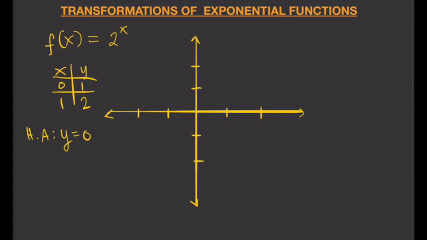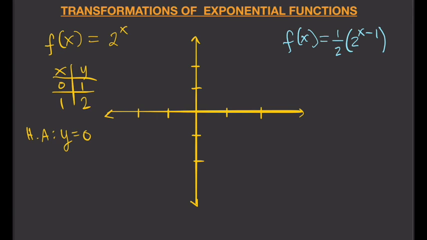Okay, now let's take a look at a transformation of this function. f of x equals 1/2 times 2 to the power of x minus 1. Okay? Alright.